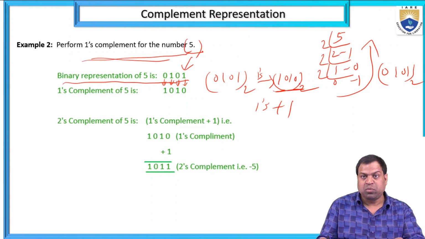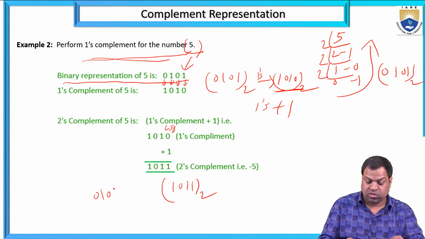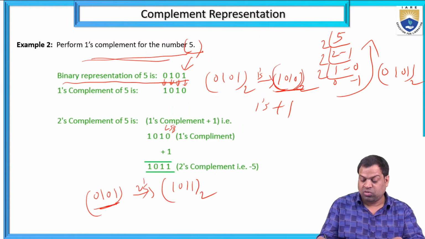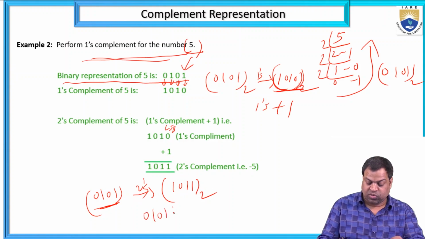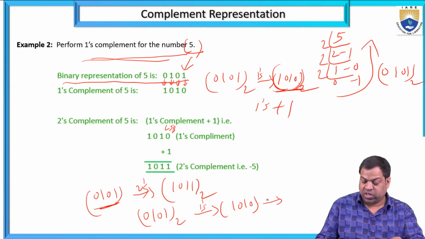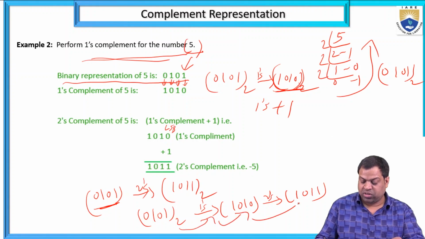We add plus 1 to this one, at the LSB. 0 plus 1 is 1, 1 plus 0 is 1, giving 1011 as the answer. So 0101 is the binary representation, its 1's complement is 1010, and its 2's complement is 1011.